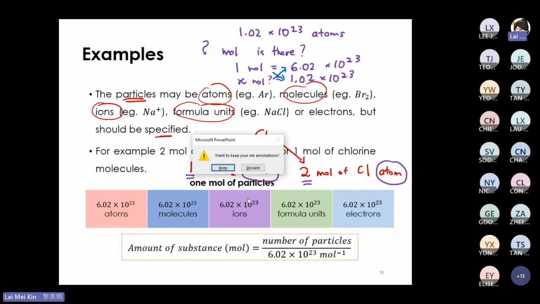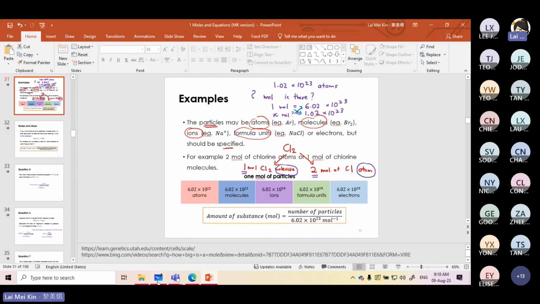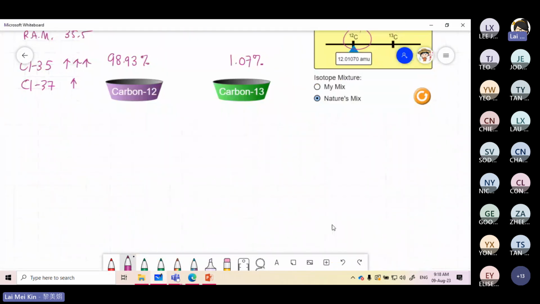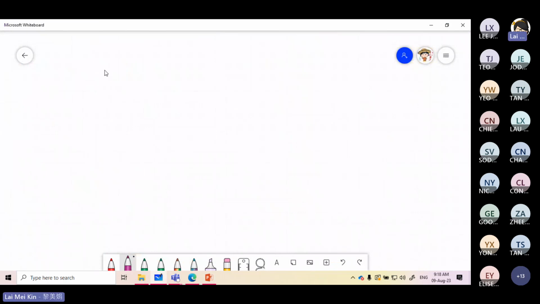I think this is quite small here, so I bring it to the whiteboard. Again, I write it clearly. 1 mole, you have 6.02 times 10 to the power of 23. So if I ask you how many moles are there in 1.02 times 10 to the power of 23?